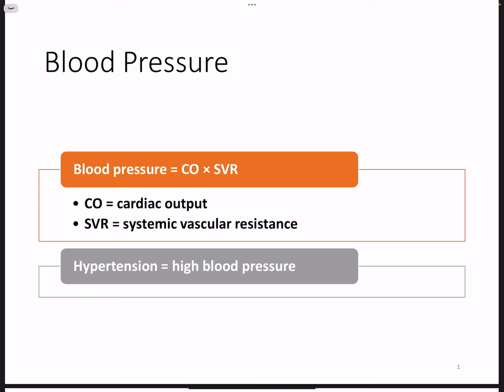The drugs that reduce the blood pressure are called anti-hypertensive agents, because they reduce the blood pressure. This is the common protocol.